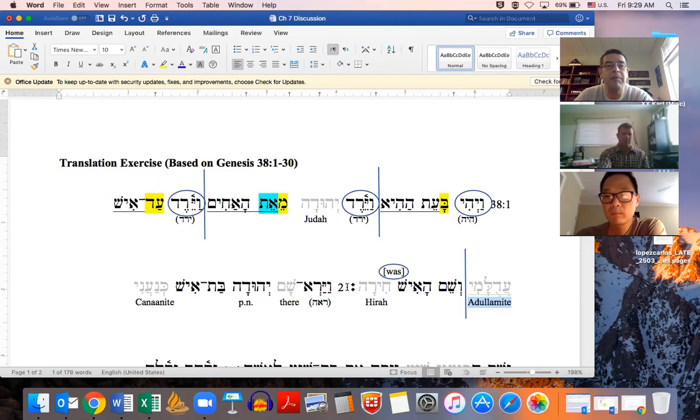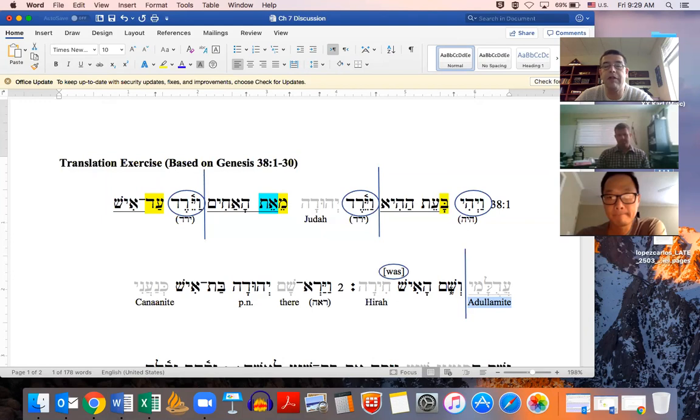Okay. So when I get to the next clause down here, anytime you're getting an is, are, was, were, whether it's implied or if it happens to be the verb haya, to be, you're basically getting an equals sign.